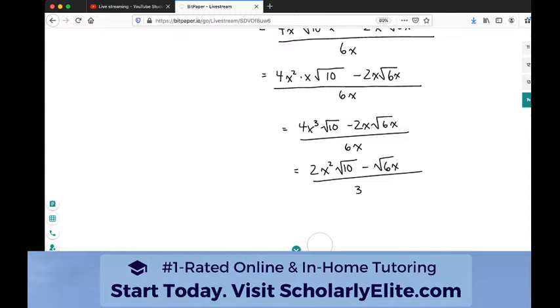As we're rationalizing, it's really important to constantly check the problem to see if it can be simplified more. We have to ask ourselves, can the fraction be reduced? Can the radicals be simplified? These steps may happen several times on our way to the solution, and it's always good to be reducing as much as you can. So that's something to keep in mind.